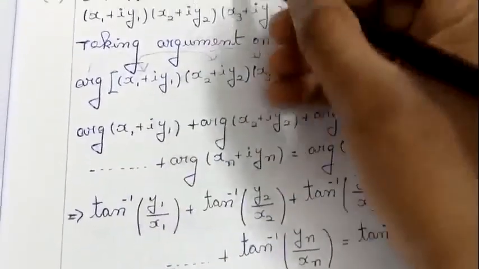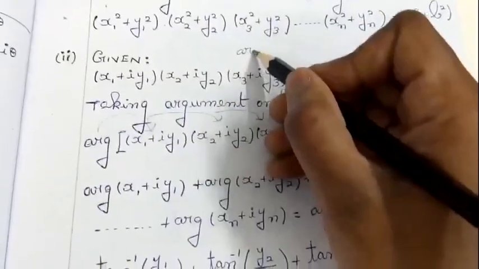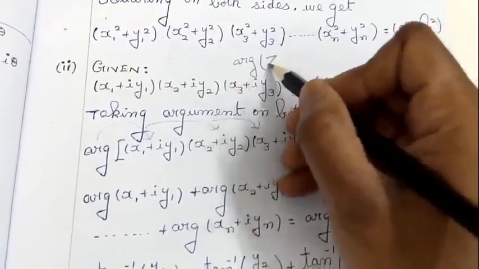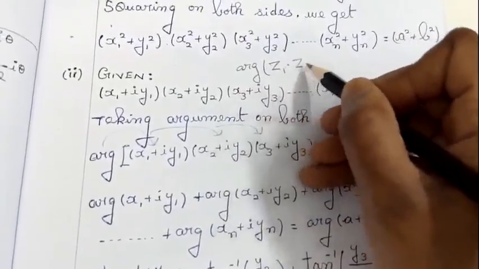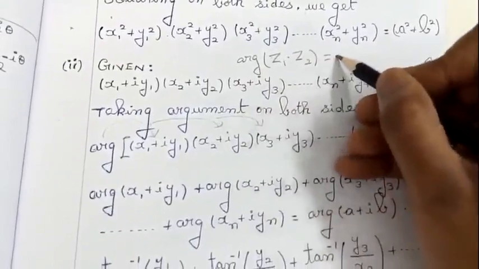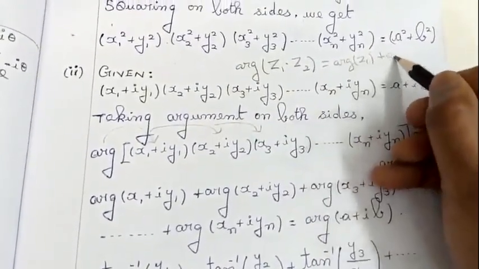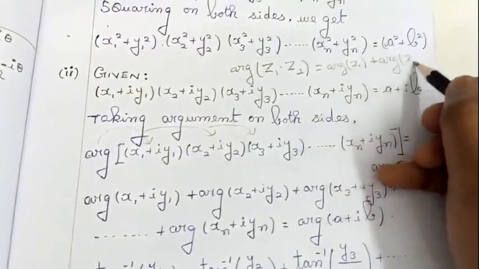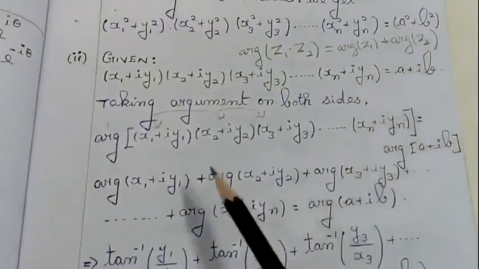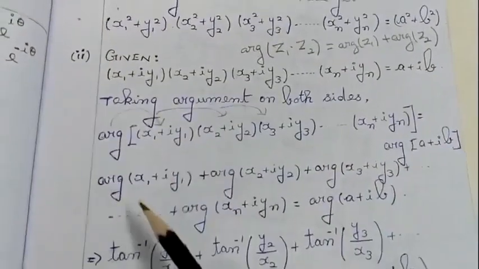Regarding the argument, remember this thing: argument of z1 into z2 can be written as argument of z1 plus argument of z2. After taking the argument, just see the second step.